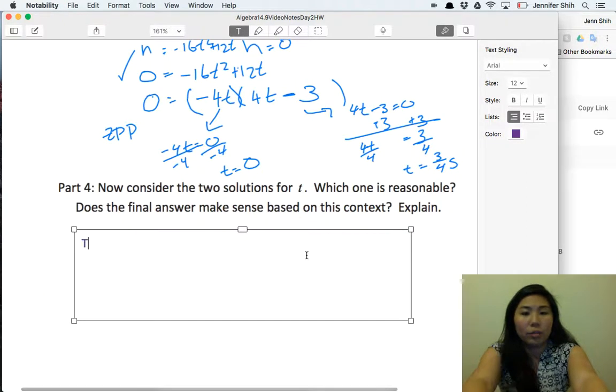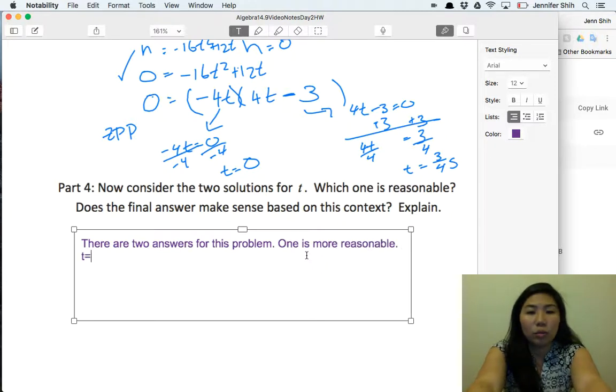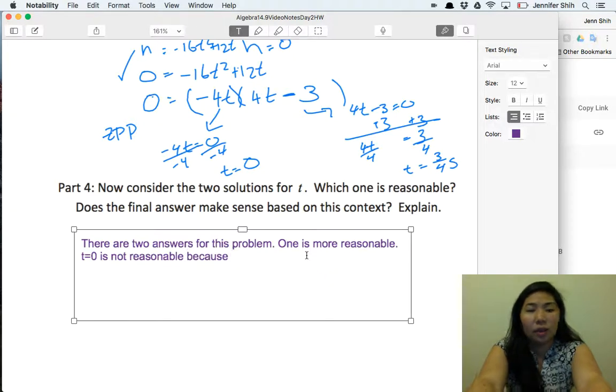Which one is reasonable? There are 2 answers for this problem. One is more reasonable. t equals 0 is not reasonable because we know it takes some amount of time.